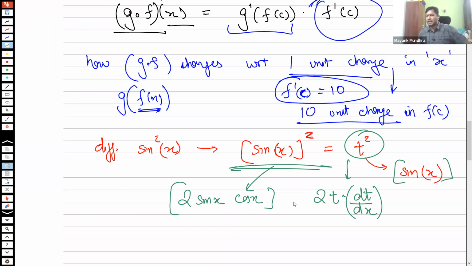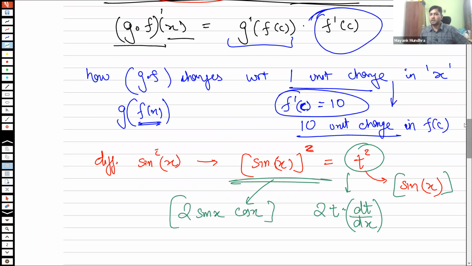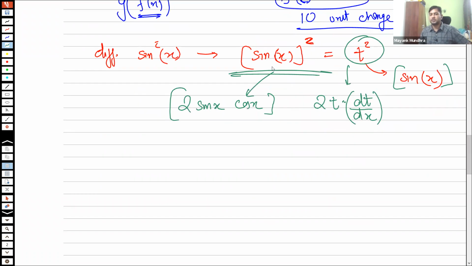But that comes through practice. You are in your initial days. Maybe you are not able to do it right now. So you will use this result to the hilt, that is, you make substitutions. You say sine x is, let's say, t. So what is the differentiation of t square? Either you remember this formula and use it, or you can do it like this: say sine x is t and then do all these steps.